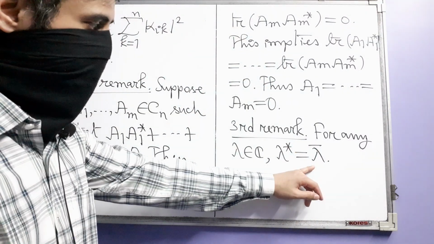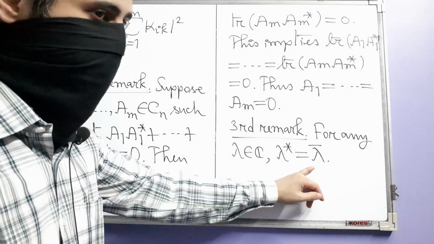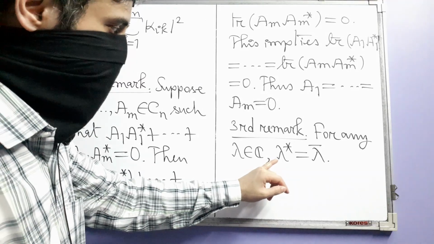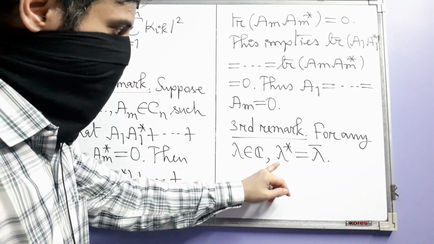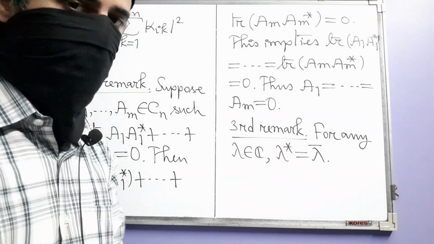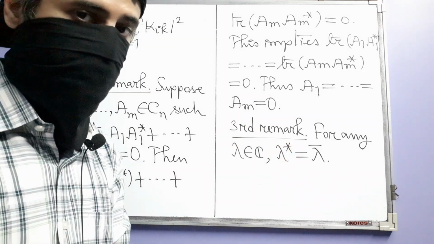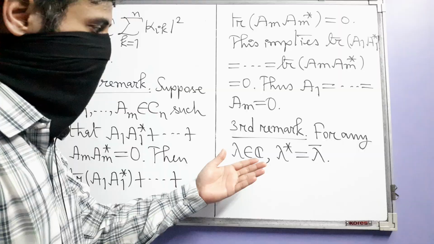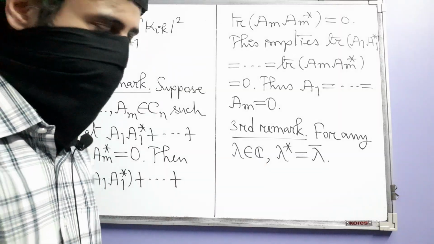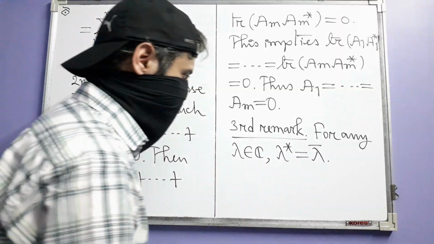This equation may at first look nonsensical, because lambda is a scalar. How are we taking the Hermitian adjoint of a scalar? We can only take the Hermitian adjoint of a matrix. Let's see what that means.